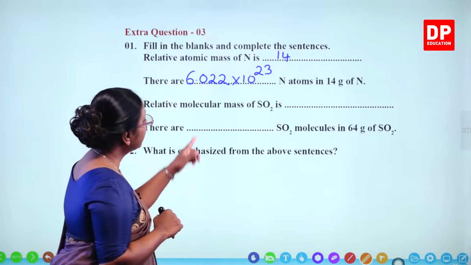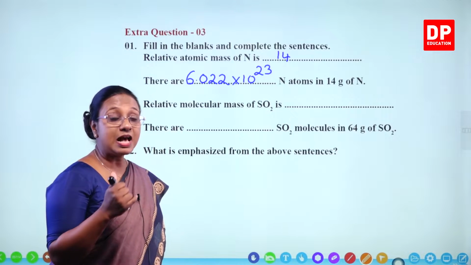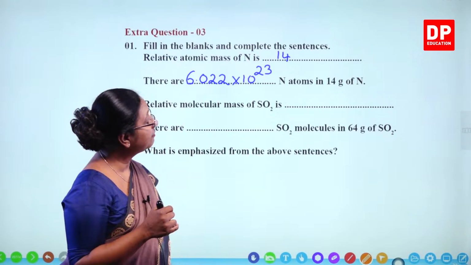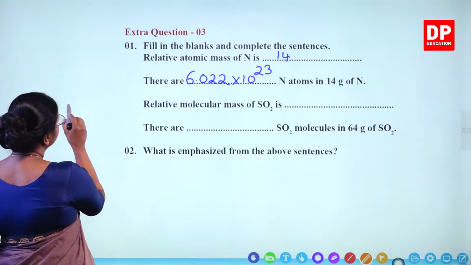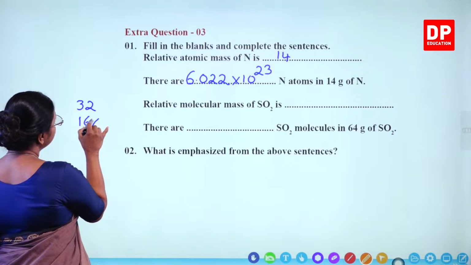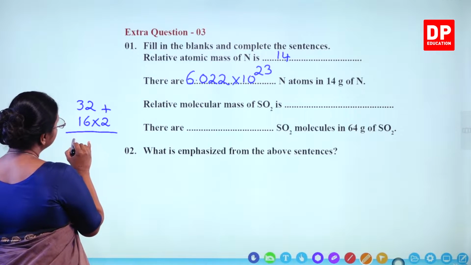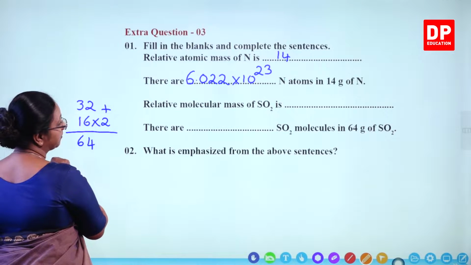Relative molecular mass of SO2. So, what do you need to know here? Sulfur and oxygen, the relative atomic masses. Sulfur is 32, oxygen 16. I will show you all here. So, sulfur 32, oxygen 16 into 2. This is what you have to add. So, 32 plus 32, it will be 64 there.